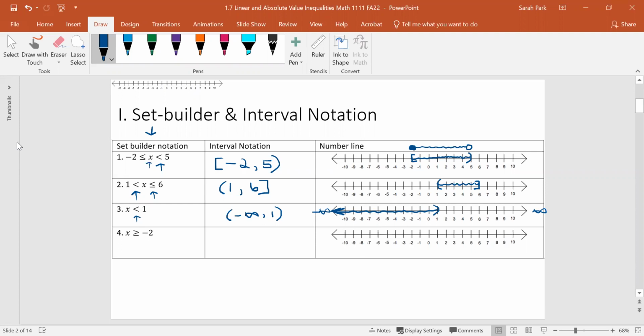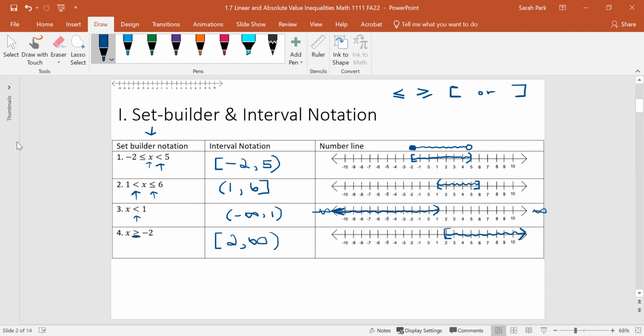Now, in the next example, 4, x is greater than or equal to 2 means that all values from 2 to infinity are in our interval. The 2 gets a bracket because of the equal sign. Infinity symbols always get parentheses. So we write bracket 2 all the way to positive infinity. To summarize, whenever you have less than or equal to or greater than or equal to, you use brackets.